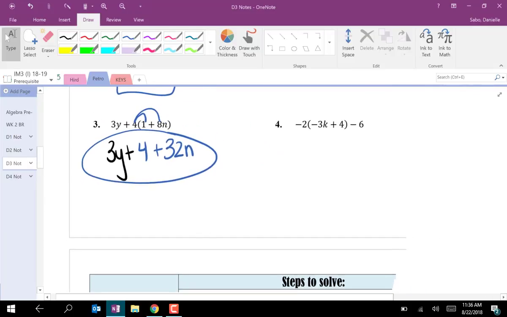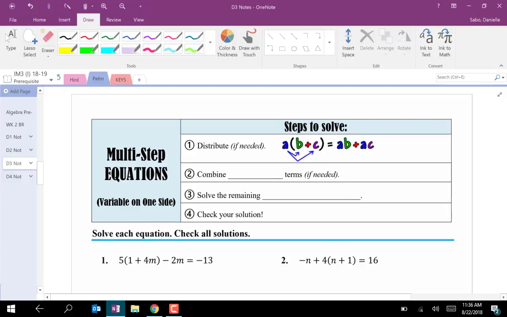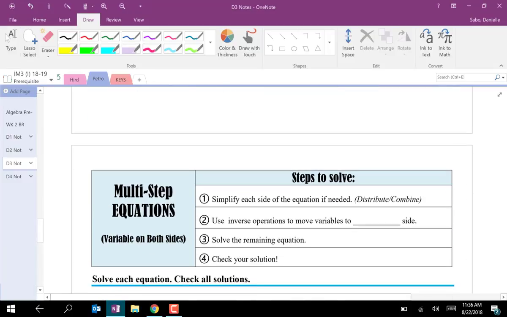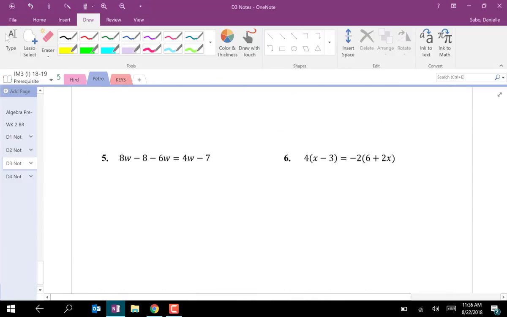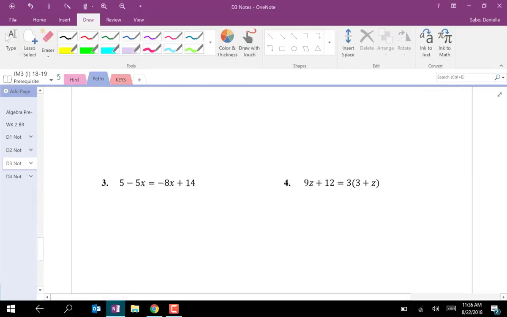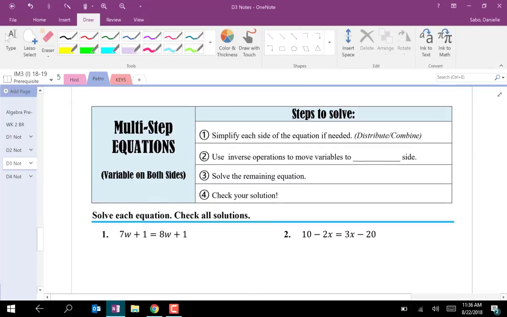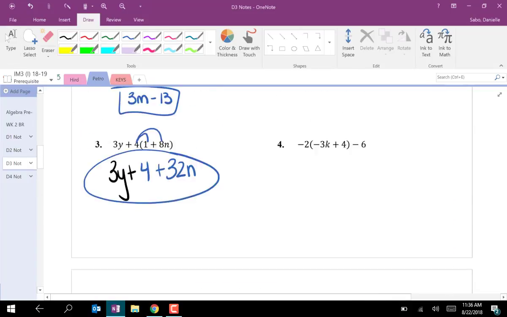All right, I'm going to go ahead and move on to the next page. Because now we're going to do exactly what you just did, but we're going to start solving it, okay? I think this is supposed to be split up.